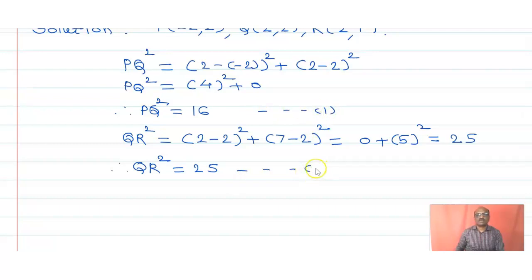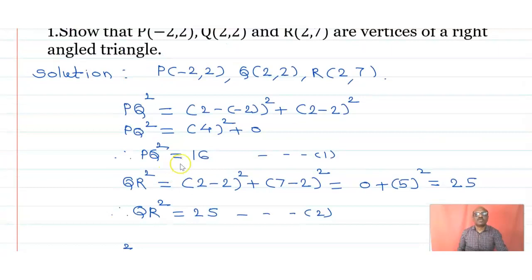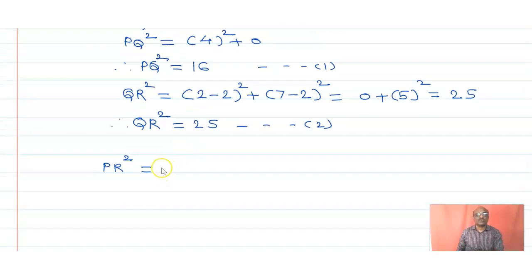Next, this is the second one. Next is PR square. Now for PR square, the coordinates of R are (2, 7) and P is (2, -2)... first of all 2 minus (minus 2) whole square.